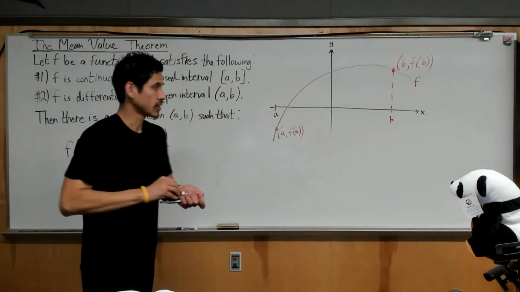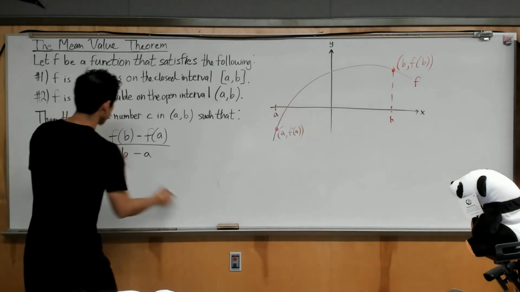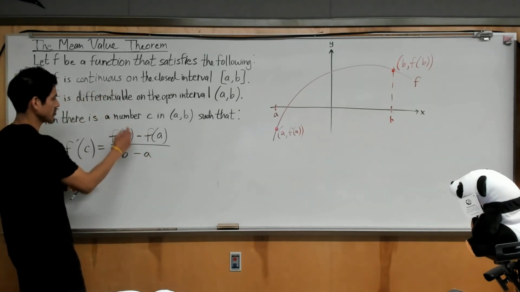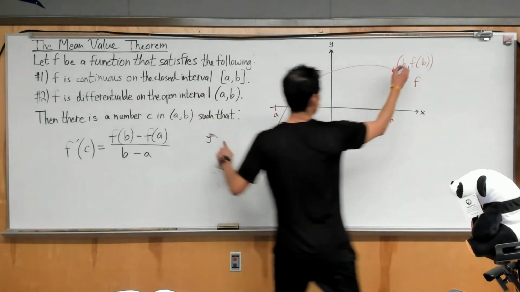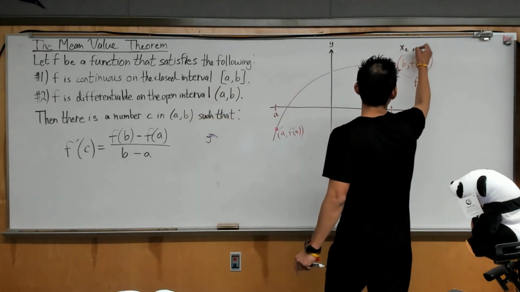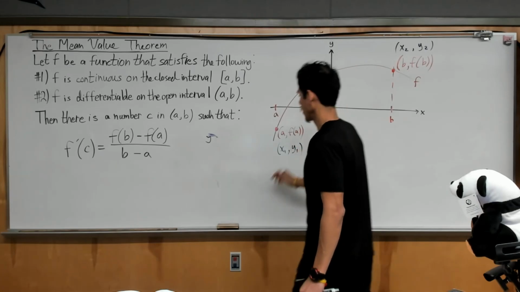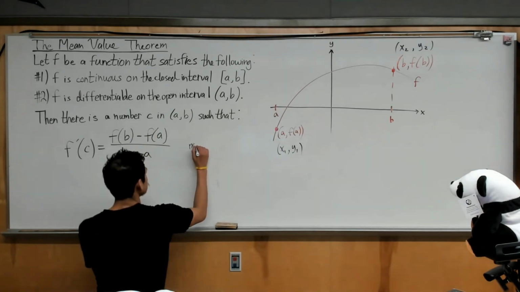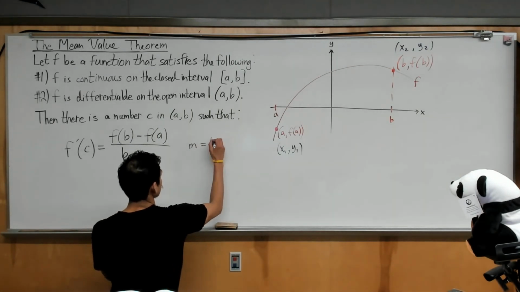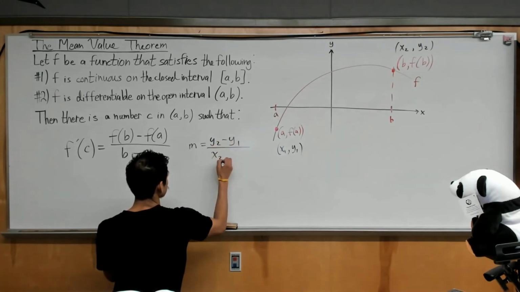Now, let's think about what this is saying. These are just the endpoints. So let's think of this as x2 comma y2, and this is like x1 y1. Going back to the slope, back in your algebra middle school days, we learned that the slope is equal to the difference in the y coordinates, y2 minus y1 over x2 minus x1.